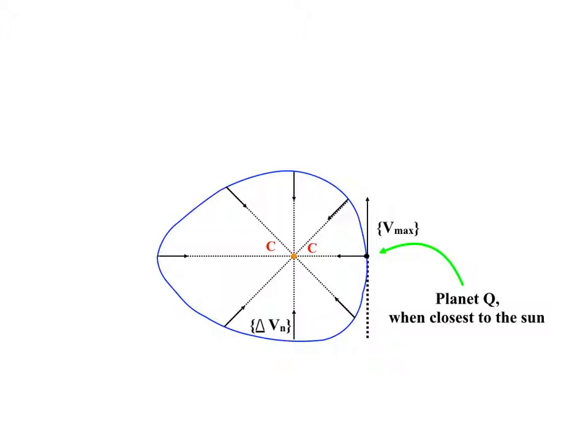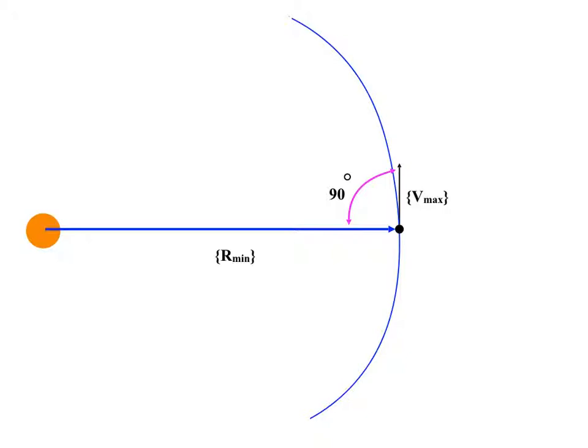And not only that, let me enlarge the diagram. The direction of Vmax must be perpendicular to the orbital position vector r at that point. I label it r min to remind us that planet Q is at its closest approach to the Sun.